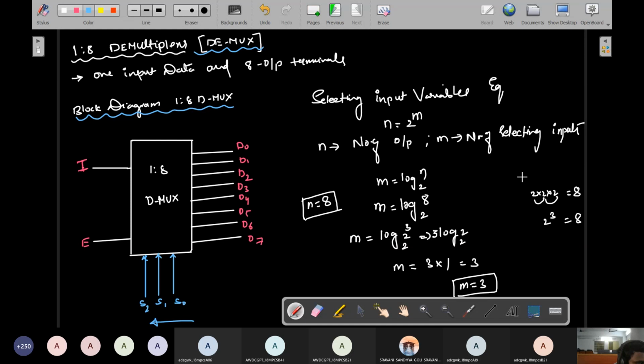Otherwise you can't remember 0 0 0, 0 0 1, 0 1 0, 0 1 1, 1 0 0, 1 0 1, 1 1 0, 1 1 1. So these are the combinations. Actually you are not learning the combinations by heart. Simply using the logic trick you can easily write the 8 combinations.